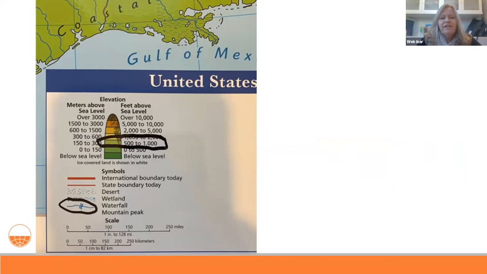What if I had just had students look at the legend of a map and circle what's above sea level, 500 feet to 1,000 feet? And what if I had them look at the legend and circle the symbol for a waterfall? Just start with the map legend.